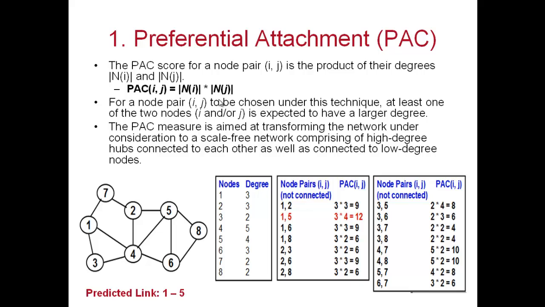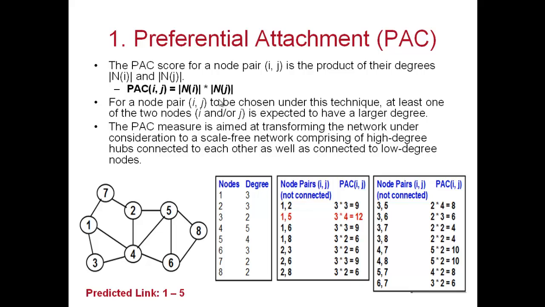If two nodes have a smaller degree and are not yet connected, the product is going to be relatively smaller. So the node pairs that have a higher chance of being chosen for a link to be created are the nodes that have a larger degree.